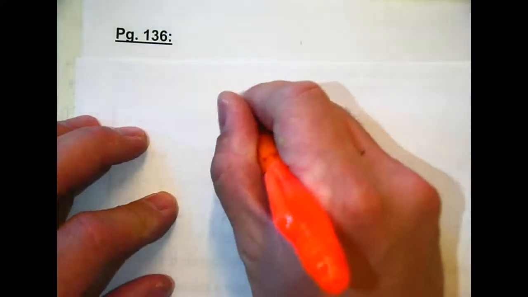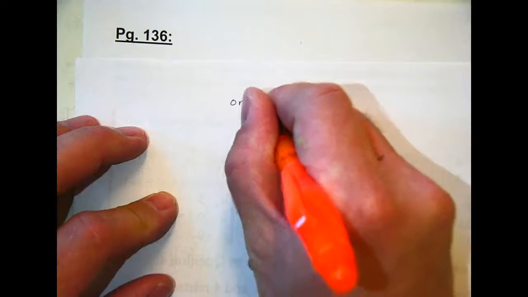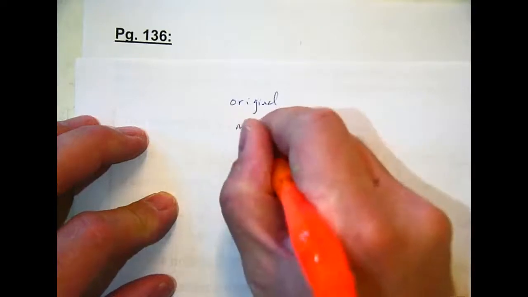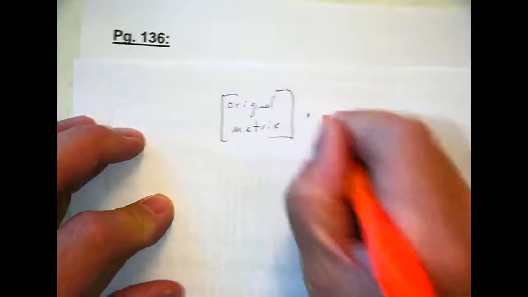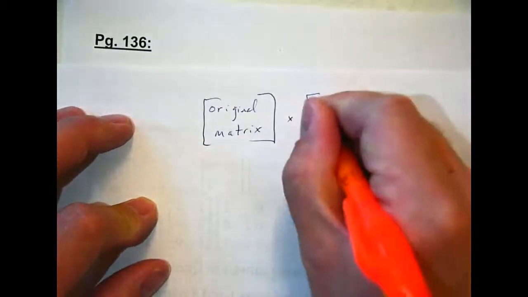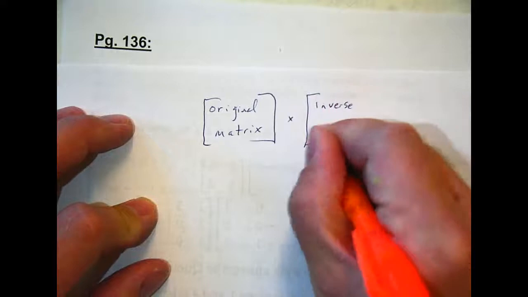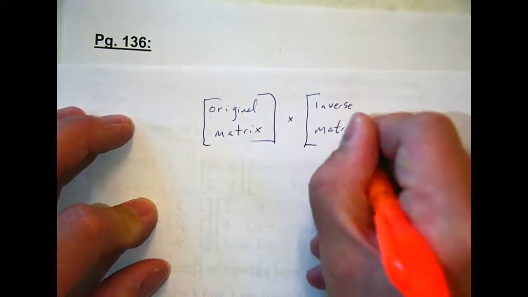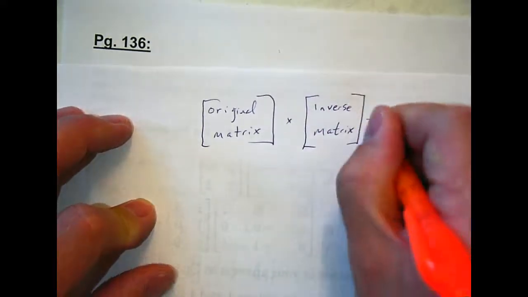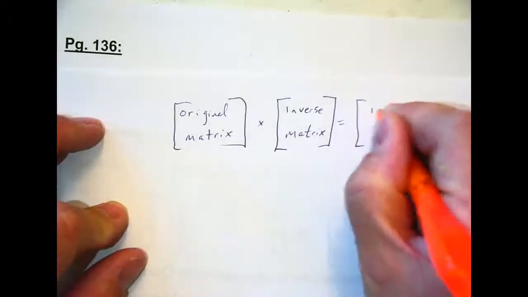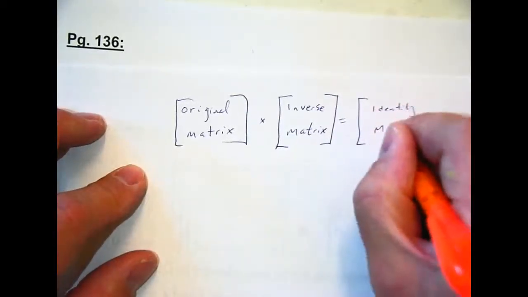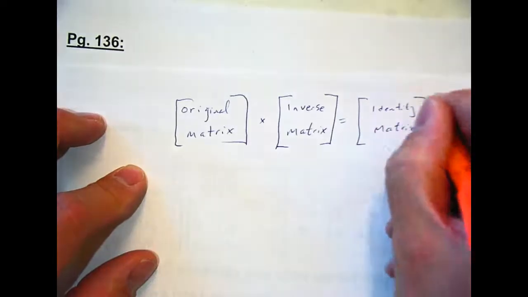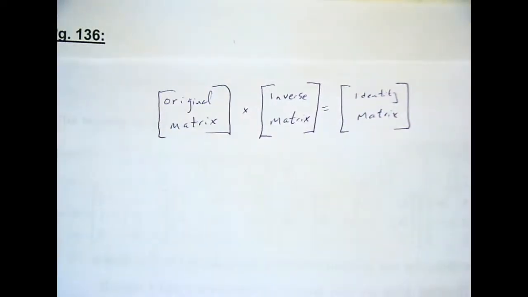If you have your original matrix, and I multiply it times the inverse matrix, it equals the identity matrix. And we need the identity matrix to be able to solve. So that's how all these things go together.